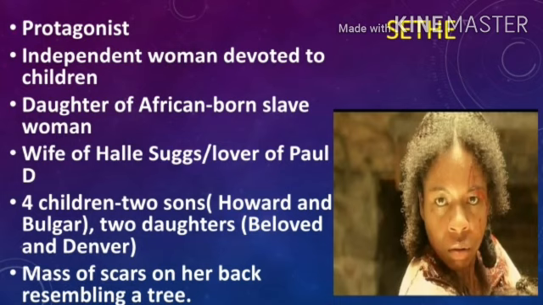Later in the novel, she becomes the lover of Paul D. She had 4 children, 2 sons, namely Howard and Buglar, and was pregnant with the 4th when she fled Sweet Home on foot and alone. When the schoolteacher, the brutal master at Sweet Home, tracked her down, Sethe attempted to kill her children rather than see them return to slavery. She has a troubled relationship with her own past and has a mass of scars on her back that resembles a tree.